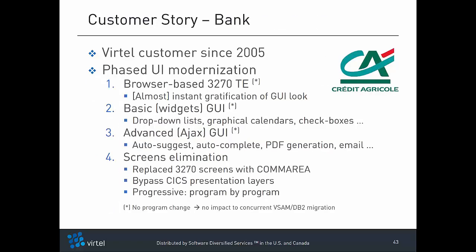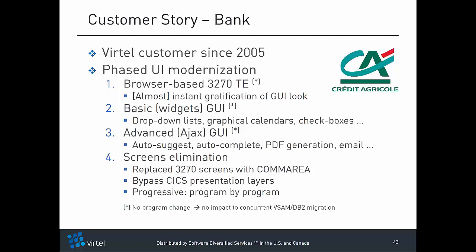Now on to Crédit Agricole, which is a pretty good sized global bank. I think they're ranked number 16 or 17 in the world. They have been a Virtel customer since 2005. What is interesting with them is that they started with browser-based terminal emulation back in 2005.